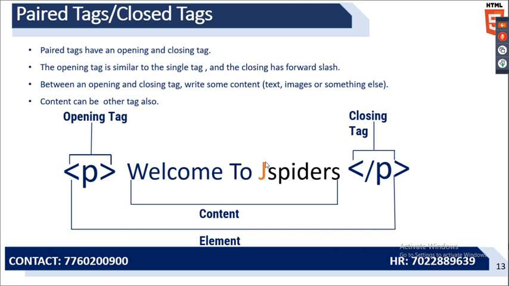Including the content and the opening and closing tags, the whole thing we call an HTML element. So whenever we have both an opening and closing tag and we have content, the whole thing becomes an HTML element. Understood this one? Understood, guys?